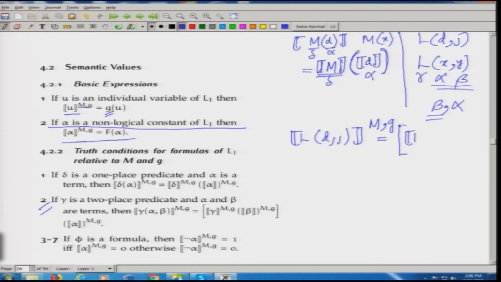First, the denotation of L with respect to m takes the second thing beta, which in our case is j, the denotation of j with respect to m g, and then that function takes another argument, which is the denotation of d, the subject, with respect to m and g.